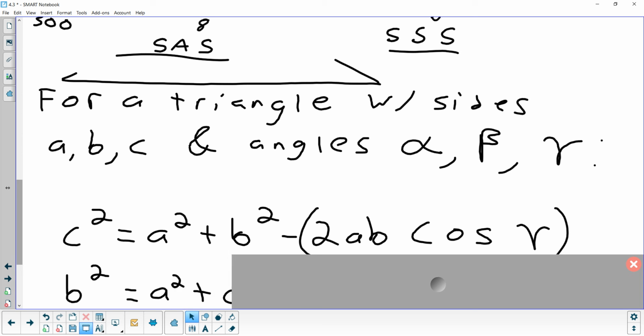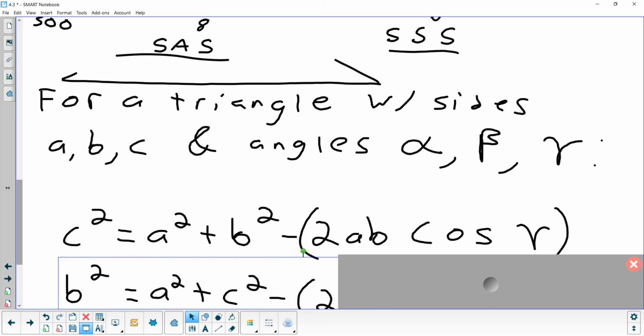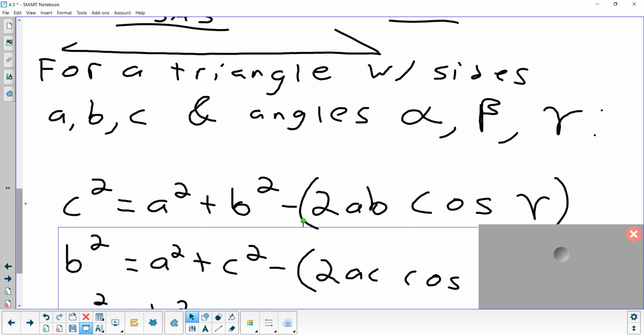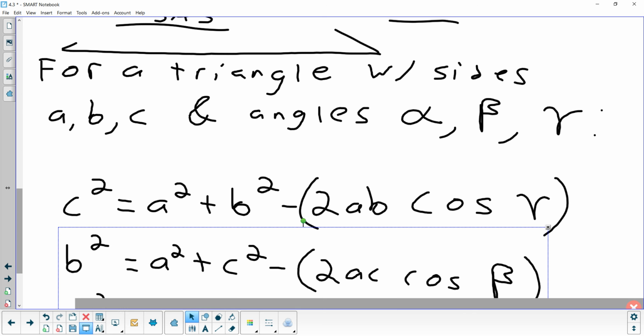Yeah, and I'm just going to put that in alphabetical order: A squared plus C squared minus, and what do you think would come right after that? 2AC, times the cosine of, what angle do we think is under that, Lacey? Beta. Beta, the angle across from the letter you started with. That's not a different formula, that's the same formula.